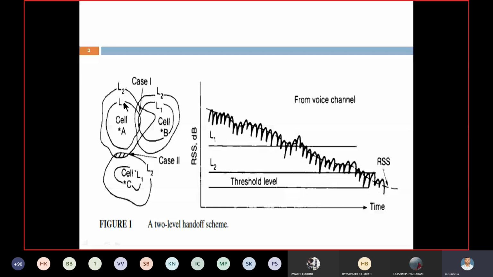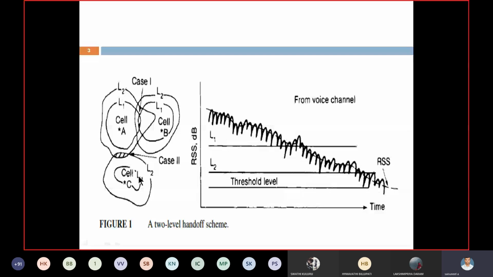In the second case, whenever the mobile unit reaches the boundary of a cell site, handoff should be raised automatically. See this one. We take the x-axis as time and the y-axis as received signal strength.